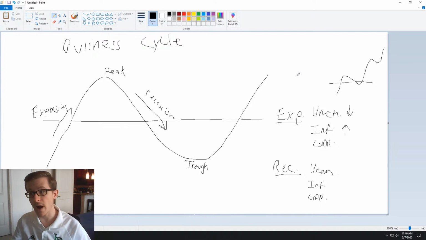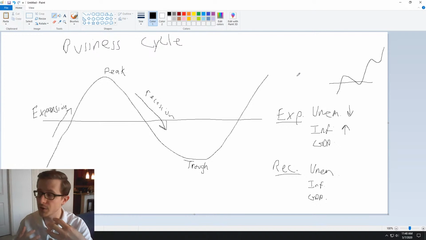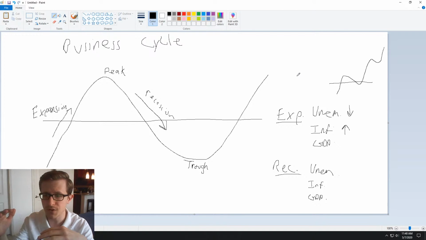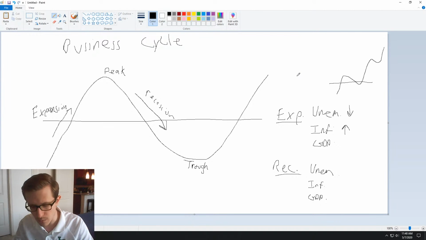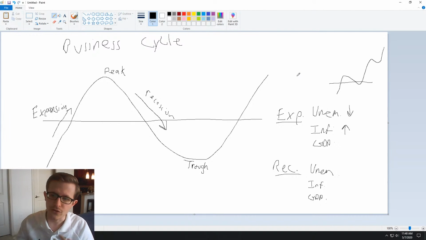And as higher wages get offered somewhere, in order to compete, other places are going to have to raise their wages too. So next thing you know, that job that was paying $50,000 a year might now be paying $60,000 a year, because businesses have to keep up and actually have employees. And with that, as they're starting to have higher input prices, what does that mean for the price of their goods? It means the price of their goods is going to be going up as well. So it kind of starts spiraling out of control.